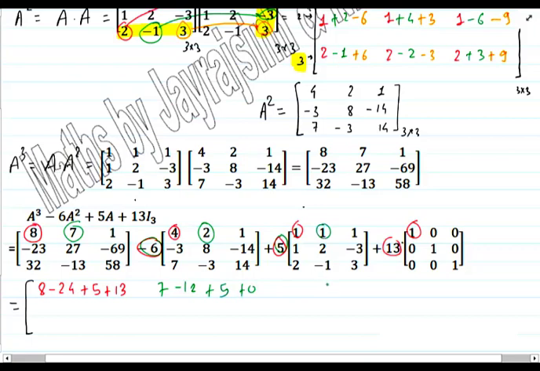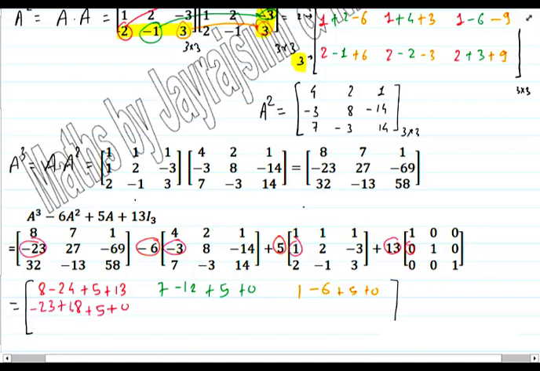Okay, and the next term will be 1, minus 6 1s are minus 6, 5 1s are 5 and 13 zeros are 0. So here we complete our first row. Now let's move to the second row. It will be minus 23 plus 18 plus 5, 0.